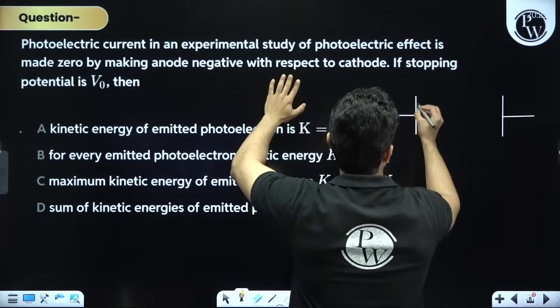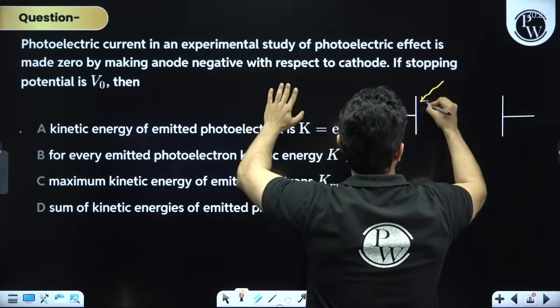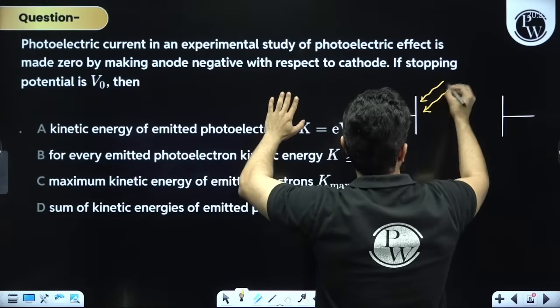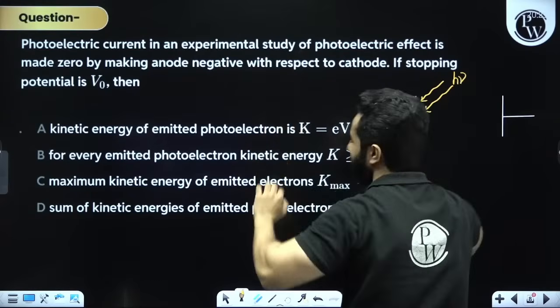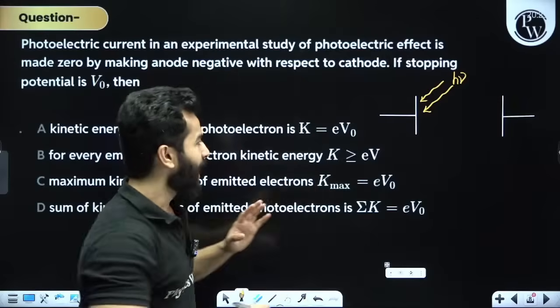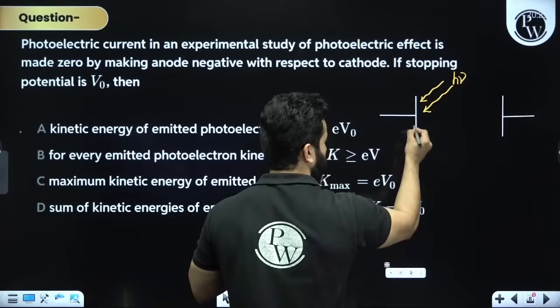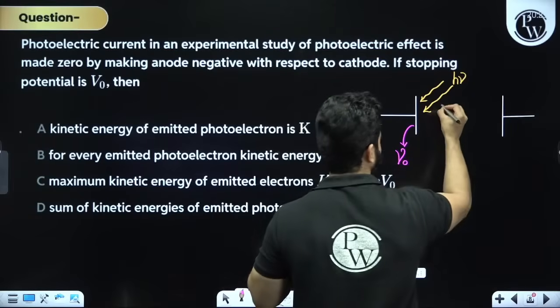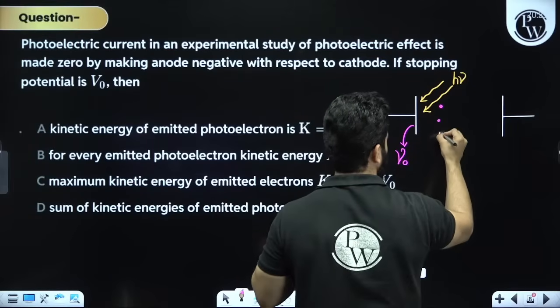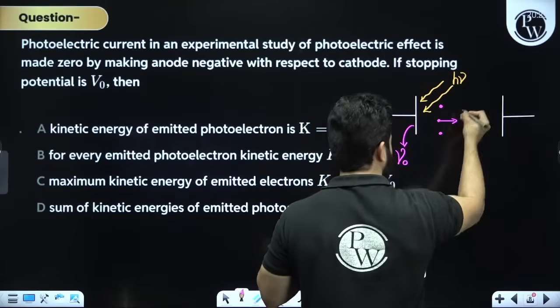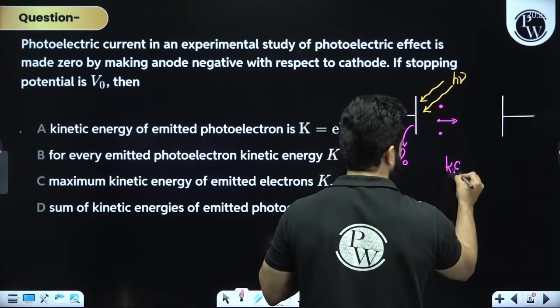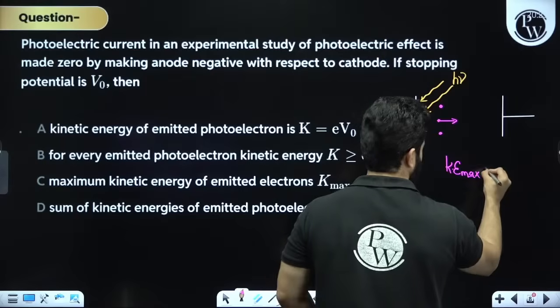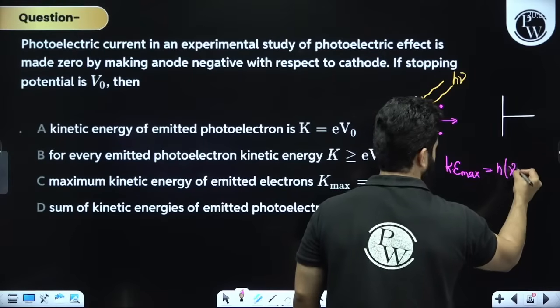So this was the target metal. From here energy falls on it. Let's say this energy is h nu. And let's suppose the work function of this is, or threshold frequency is nu naught. That means for the electrons which are going to come out, the maximum energy of an electron will be h(nu minus nu naught).